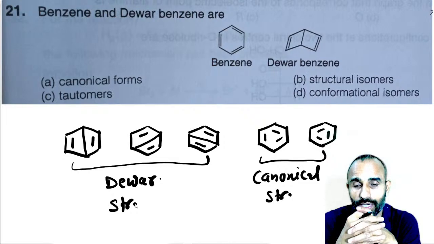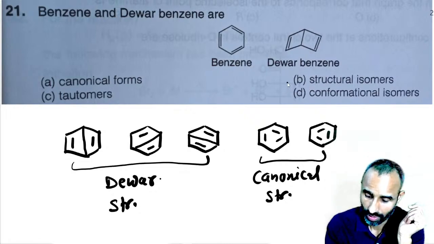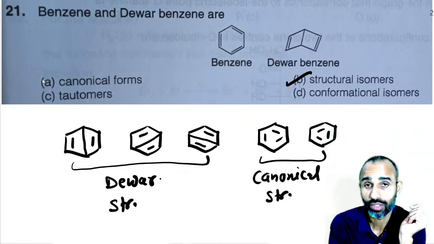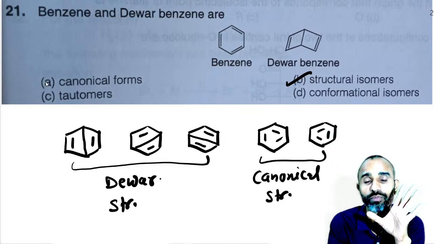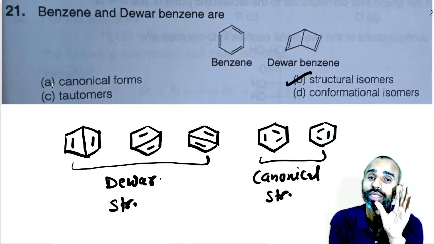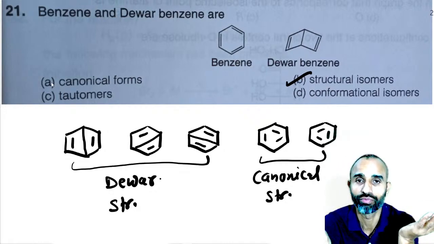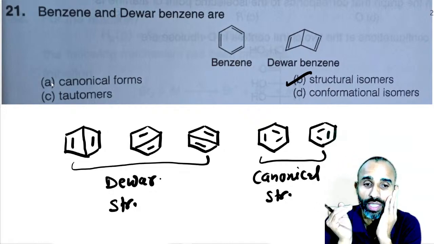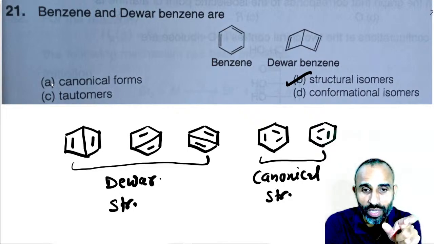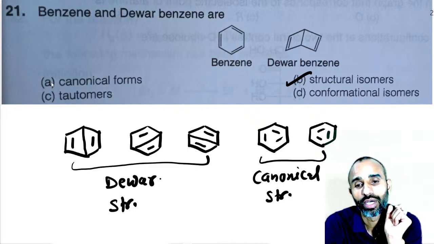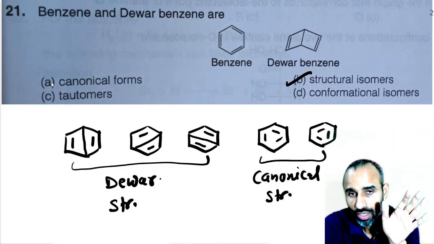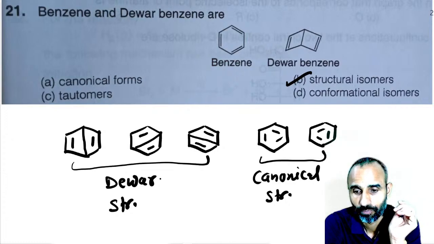So what is the relation between these two? They are structural isomers, because the formula is same but the structure is different. That's why benzene and benzene are related as structural isomers. Understood.